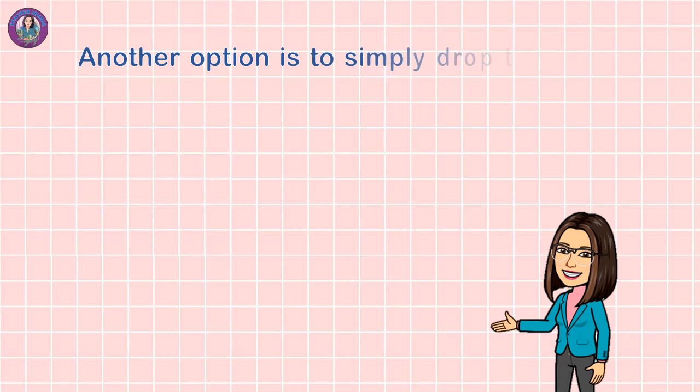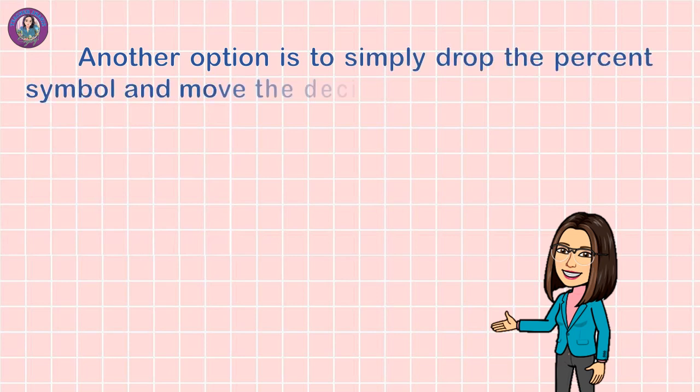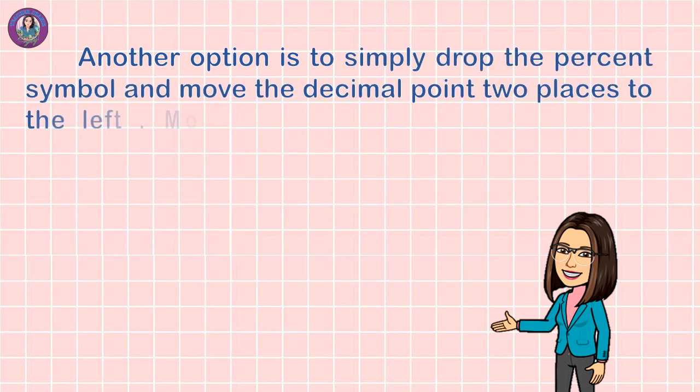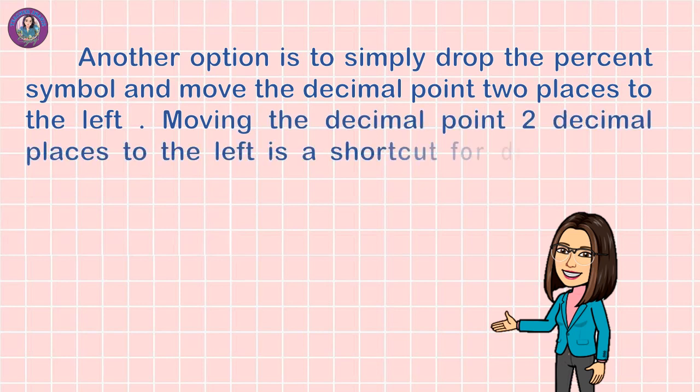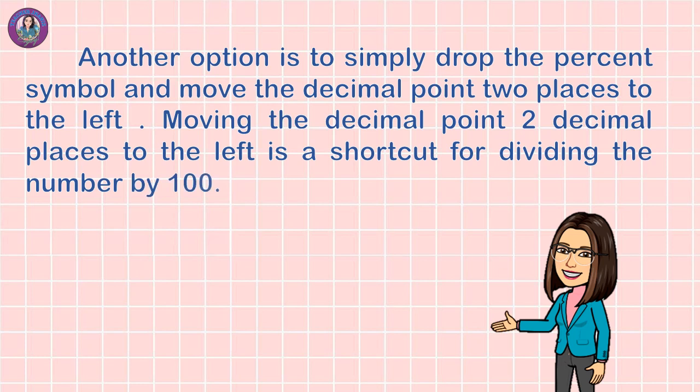Another option is to simply drop the percent symbol and move the decimal point 2 decimal places to the left. Moving the decimal point 2 decimal places to the left is a shortcut for dividing the number by 100. So 16%, drop the percent symbol, then move 2 decimal places going to the left.